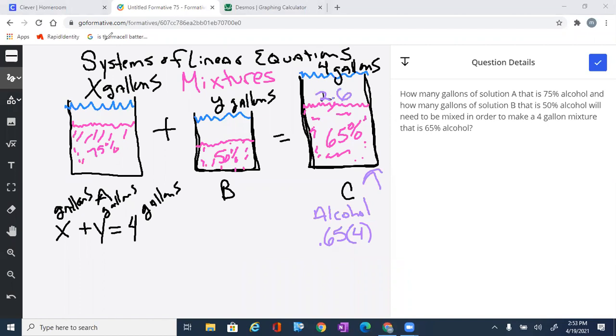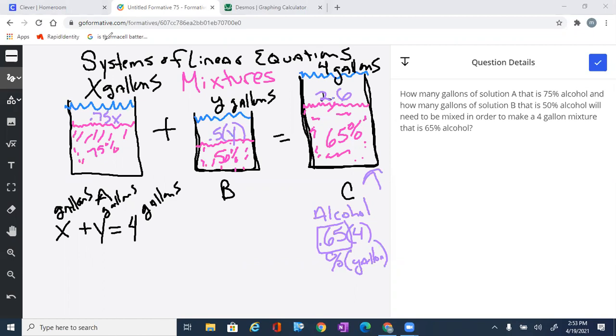That's exactly how we're going to find out the rest of them. How did I do that? I took the percentage and multiplied it by the total amount in that container. I'm going to do the exact same thing here. I'm going to take 0.5 and multiply it by Y. I'm going to do the same thing with 0.75 and multiply it by X. Each one of those tells us the alcohol.